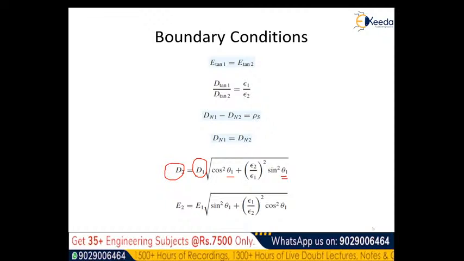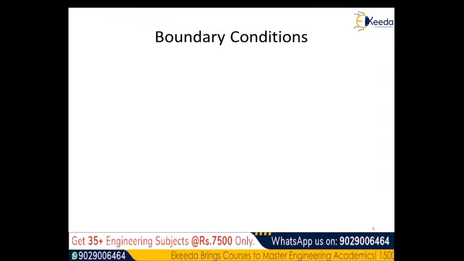In a similar fashion we compute the electric field intensity in the second region: E2 is equal to E1 multiplied by the square root of sine squared theta 1 added to the square of the ratio epsilon 1 by epsilon 2 into cos theta 1 squared. These are the formulae we shall use for discussing and deriving things related to the boundary separating two perfect dielectric material mediums and for solving the concerned problems.